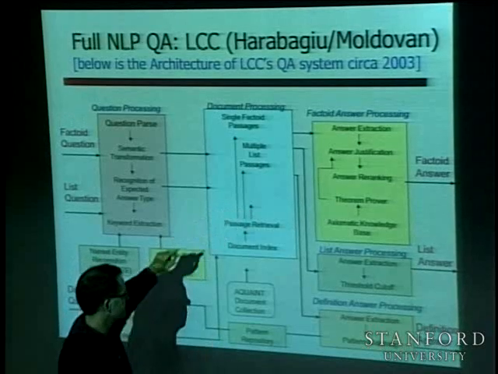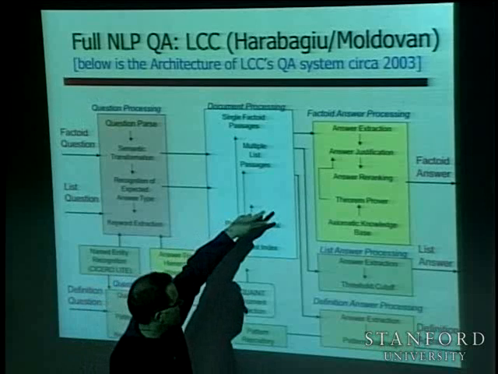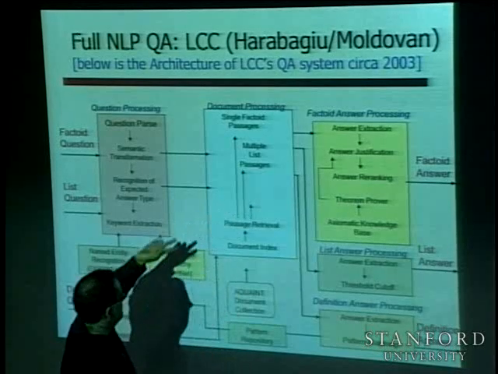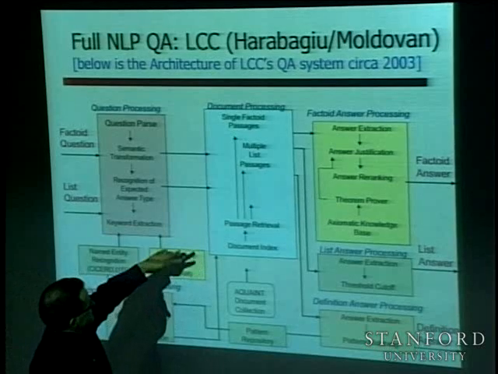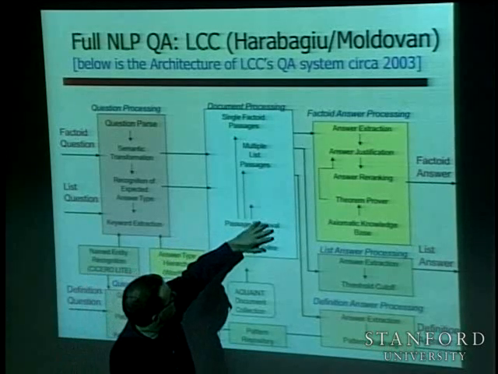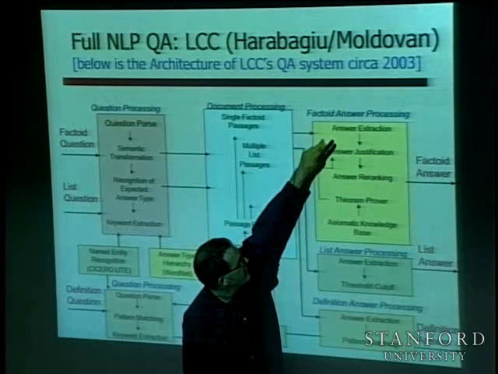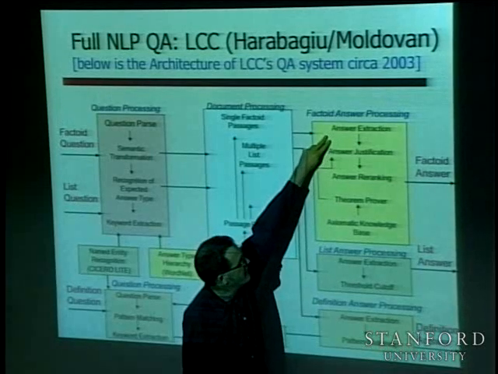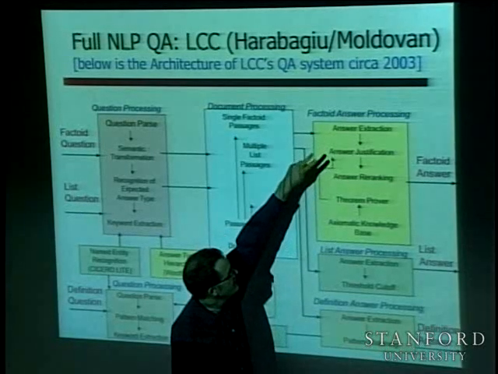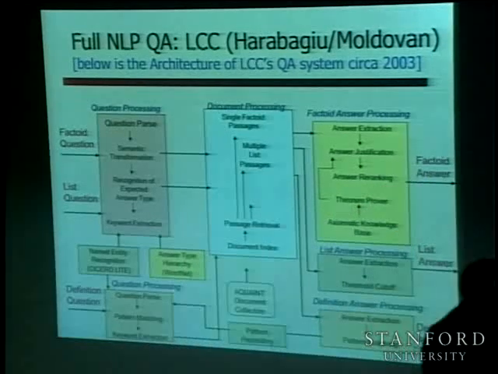Then in the candidate passages, you find plausible answers by information extraction style methods. You then do more complex theorem prover-based methods to re-rank the answers to find the most likely ones, and eventually return them.